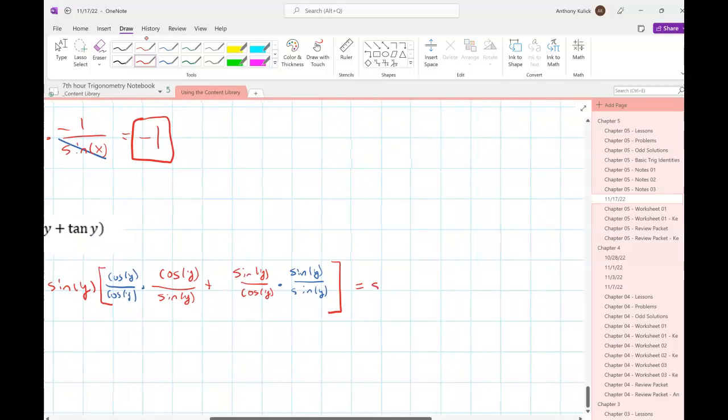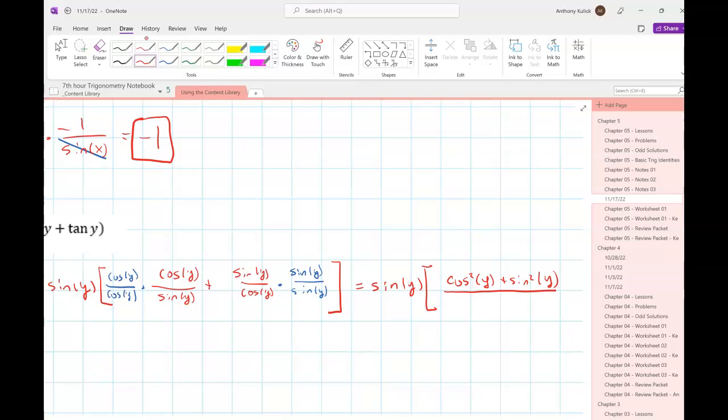Okay. So I still have this sine y sitting out front. Then I'm going to have cosine squared y plus sine squared y, all over sine y times cosine y.